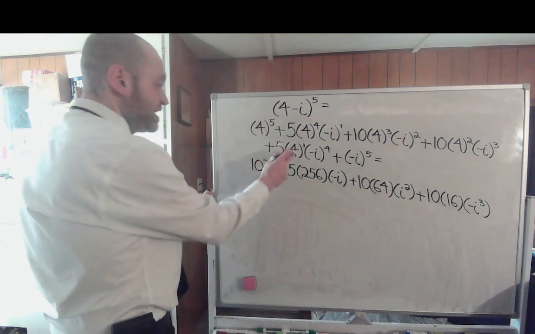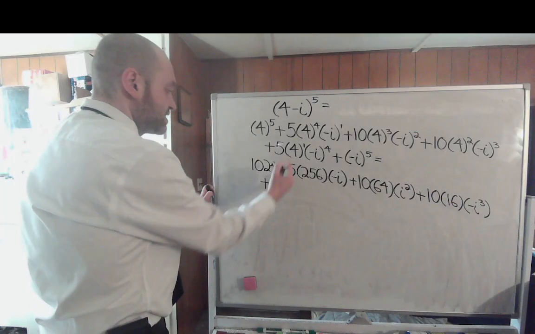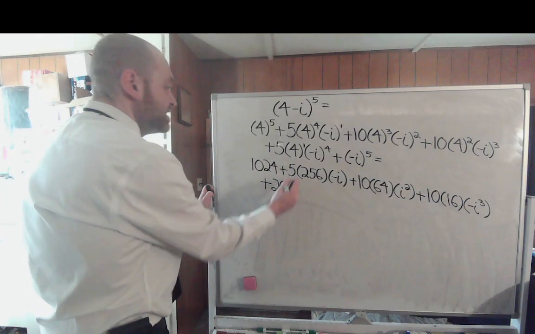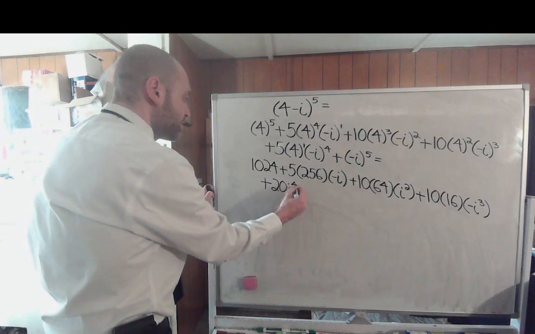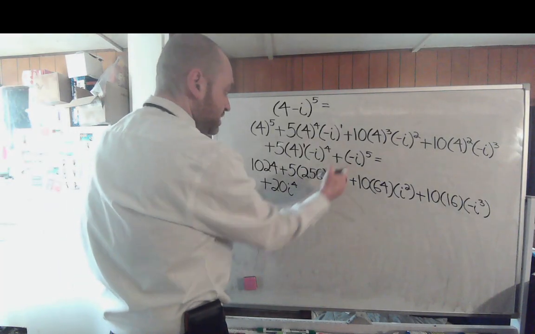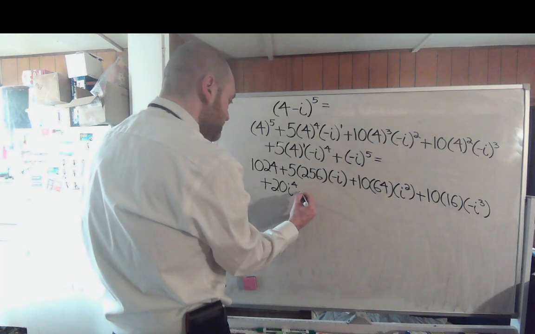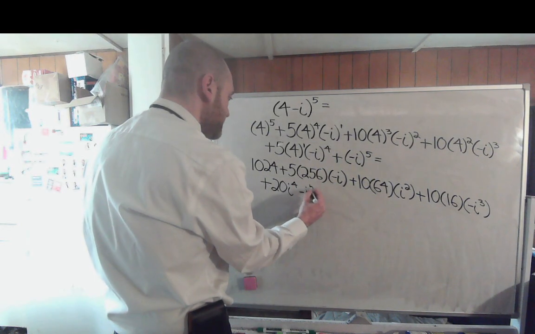Plus you have 5 times 4 to the 1st, so that's 20, times negative i to the 4th. That would just turn into 20 i to the 4th. Plus that negative i to the 5th, well, that would turn into minus i to the 5th.